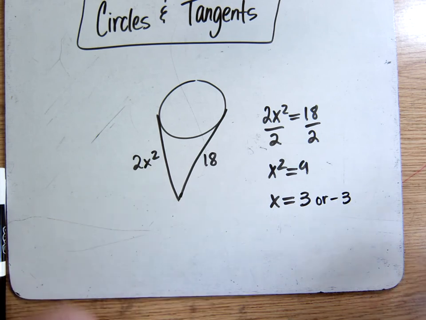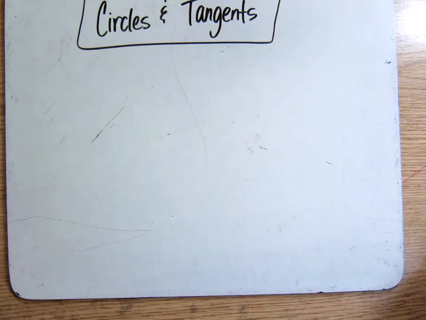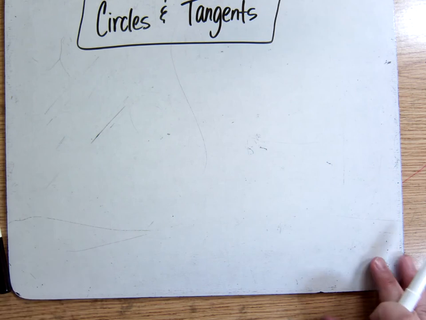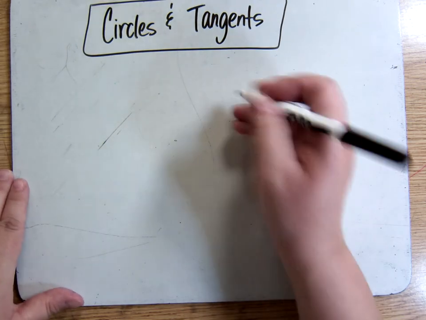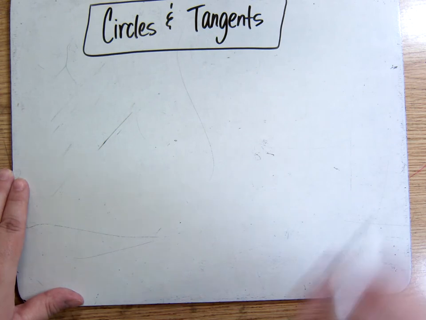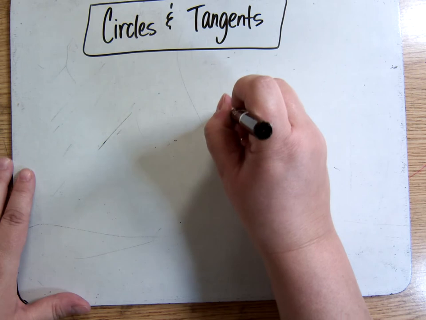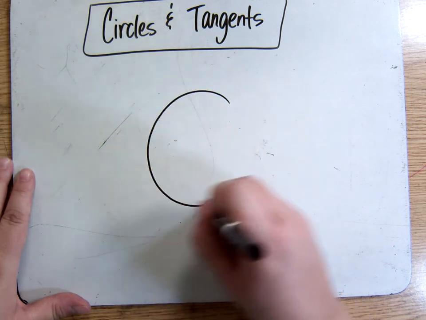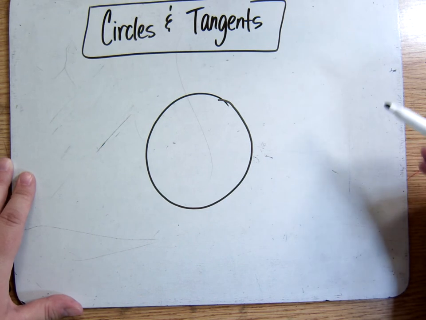All right, last thing I want to show you about this same theorem, the ice cream cone theorem, that says the two tangents from the same exterior point are congruent, is that if I have what's called a circle inscribed in another figure, or really another figure circumscribed about a circle. Let's say that the circle is an inscribed circle.